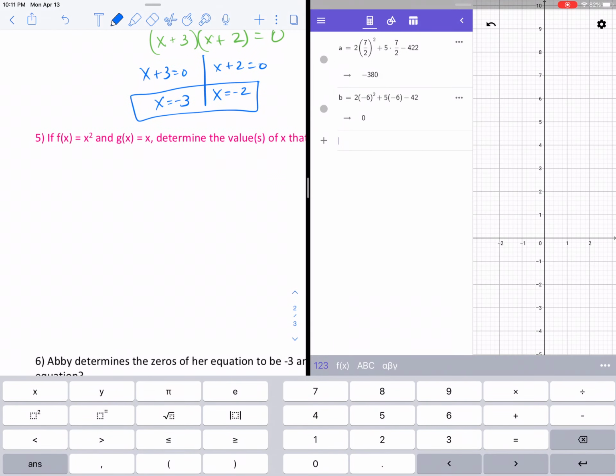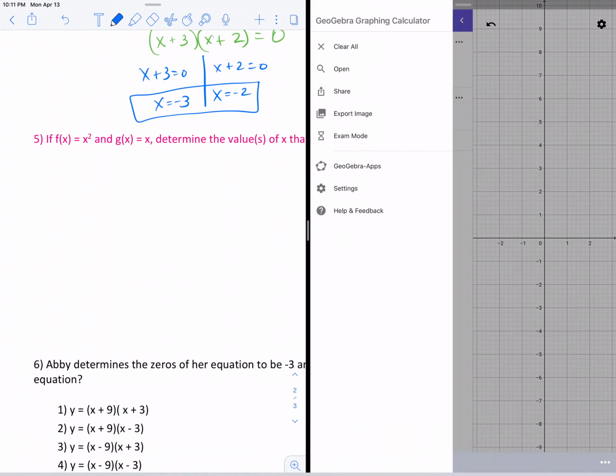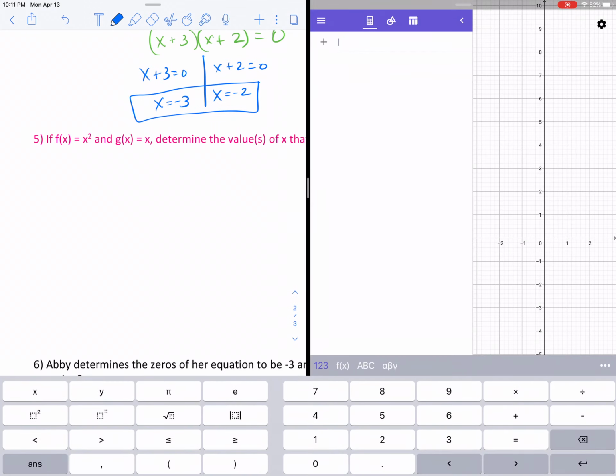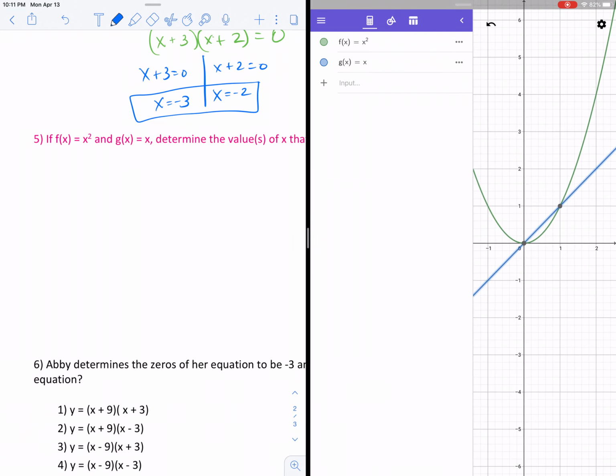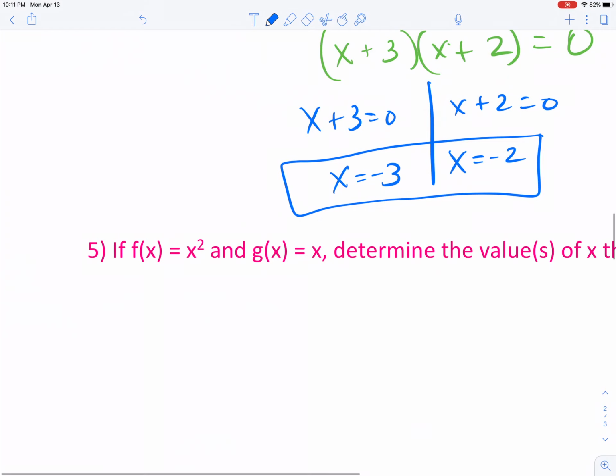Graphically, if it didn't say to show your work algebraically, I could put x squared for my first function, x is my second function, and do you see when they're equivalent? We have an intersection there when x is 0, and an intersection there when x is 1. So when x is 0 and x is 1, those two functions are equivalent. So graphically, that's how you would support that answer.